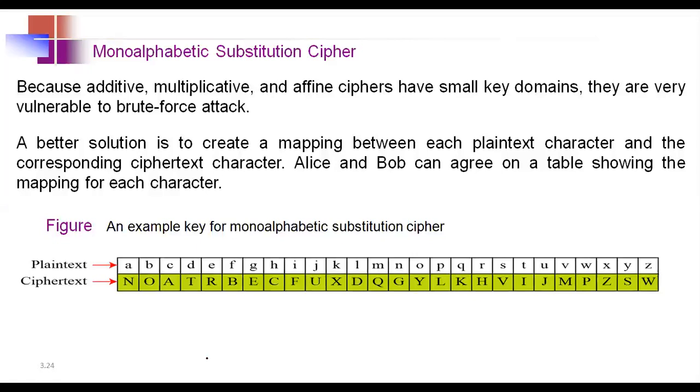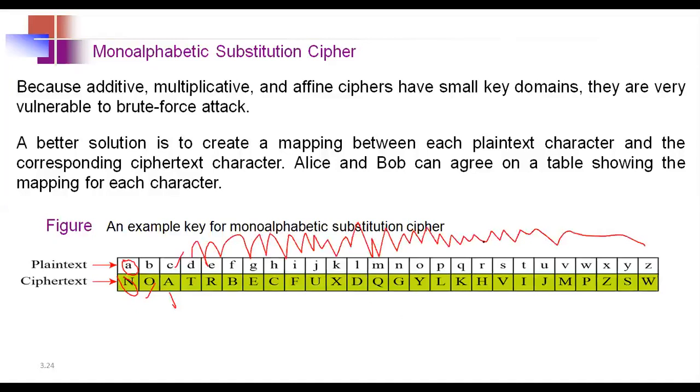For example, A is converted into N, B is substituted with O, C can be substituted with A. Like that, each and every character has a separate mapping character.